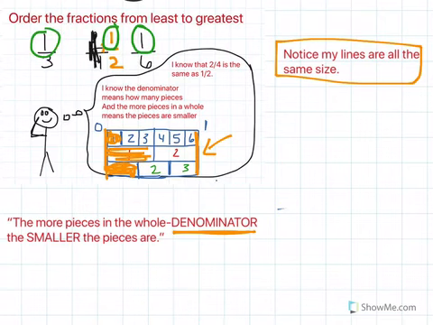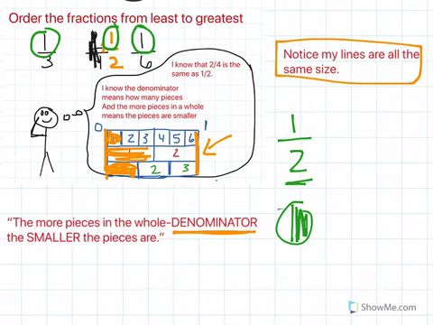So when I look at that, that kind of means that I have one piece of something. So if I really think about it, the denominator means how many pieces are in the whole. Or I kind of think of it as if I had to share something with somebody. If I had to share something with only 2 people, then I would have a bigger piece.